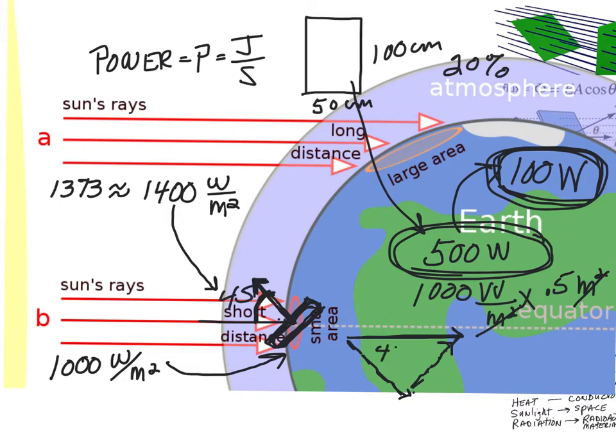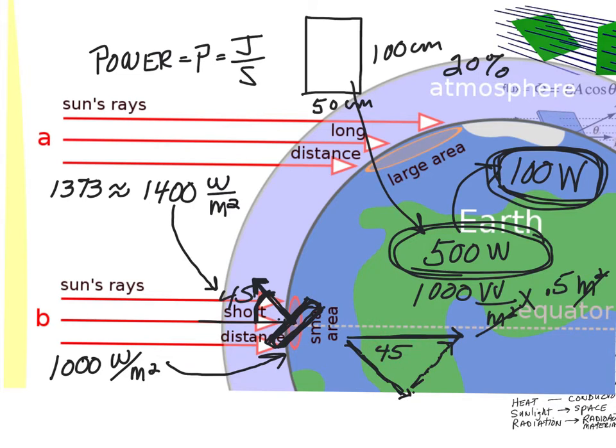And since this angle is 45 degrees, to get this component, the part of the sunlight that's hitting the solar panel directly, this is adjacent, so we want the cosine of 45 degrees.